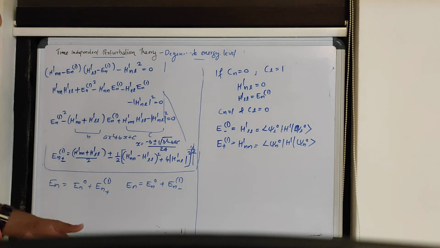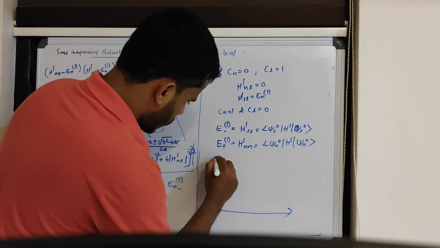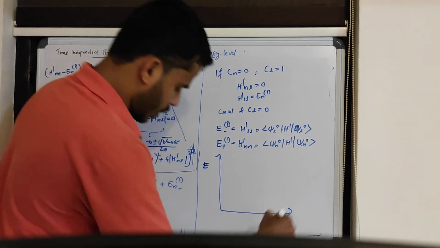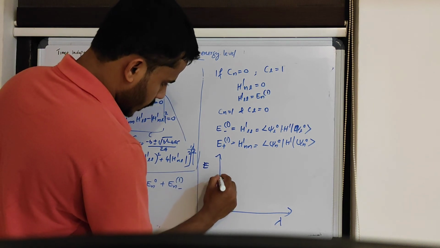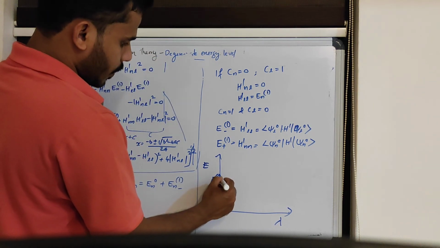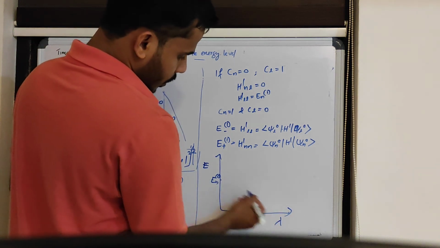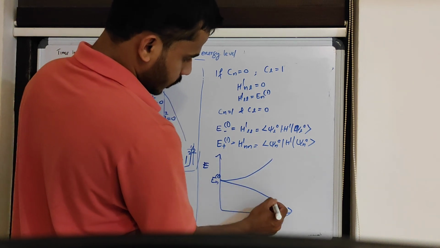So I will draw a curve here. Suppose this is E and this is lambda, due to the perturbation. Suppose this is En0, the unperturbed energy level. For the states having the same energy level, if the perturbation is applied, the energies differ with two values.